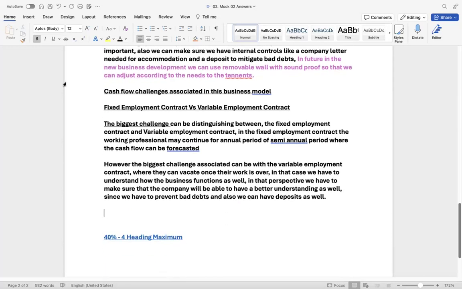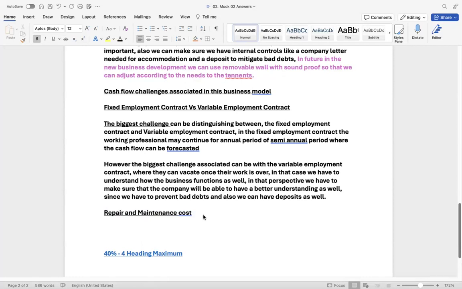The next one, can I write down? Repair and maintenance cost. Now, students, if you observe in the PBSA, the greatest advantage we have is we have to do repair and maintenance only once a year. When the students go for their semester vacation, we can do the repair and maintenance.